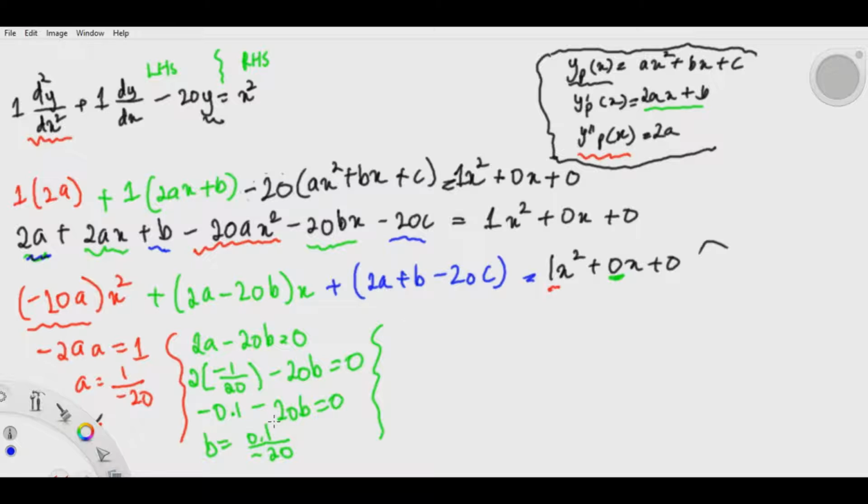So we found b, we found a, now we're going to find c, and again, this counterpart here says it equals 0, so 2a plus b minus 20c should equal 0. I know a is negative 1 over 20. I know b is 0.1 over negative 20. I could have said that the other way, minus 0.1 over 20, makes no difference.